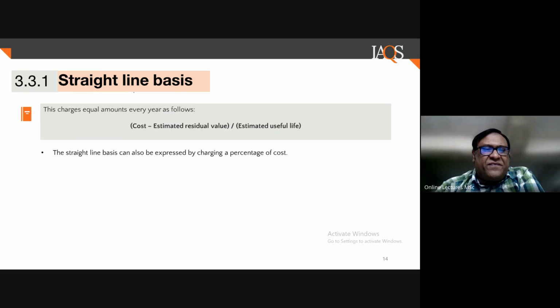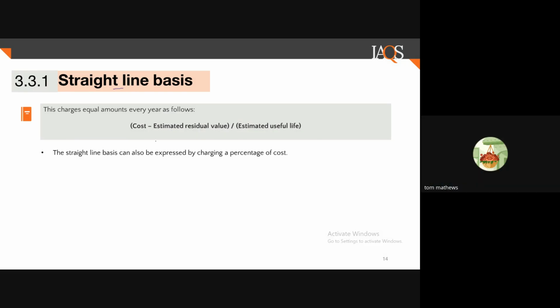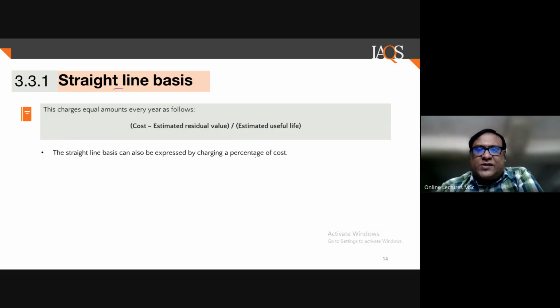Straight line method, we have done this formula in the past. The straight line method can also be expressed as a percentage of the cost, or the straight line method is estimated cost minus residual value divided by useful life.